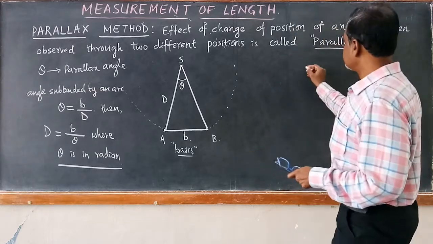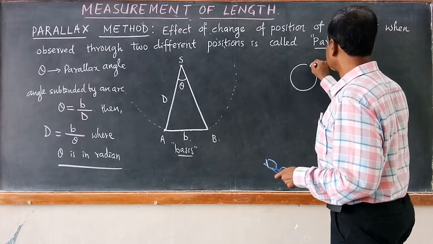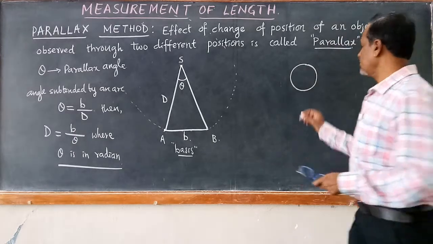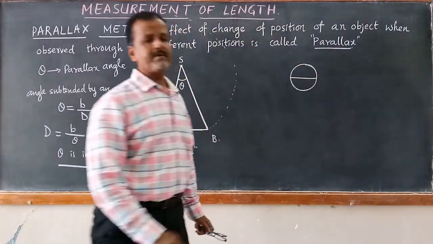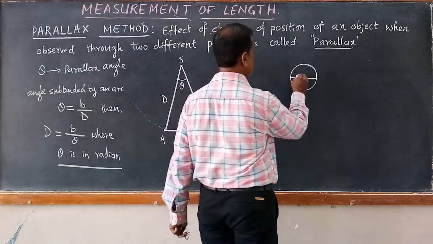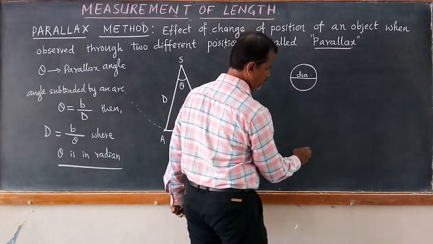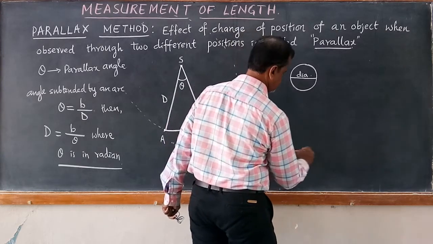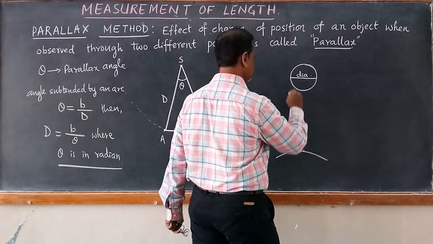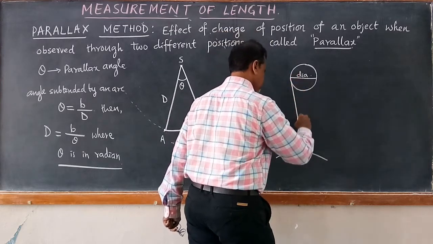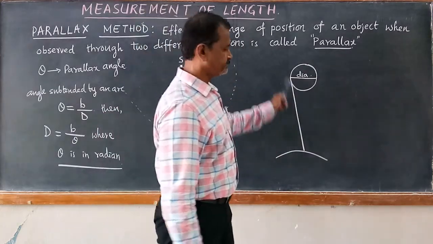Suppose this is the moon and this is the diameter of the moon. If it is observed from the surface of Earth, suppose this is the surface of Earth, then first we have to measure this particular line.